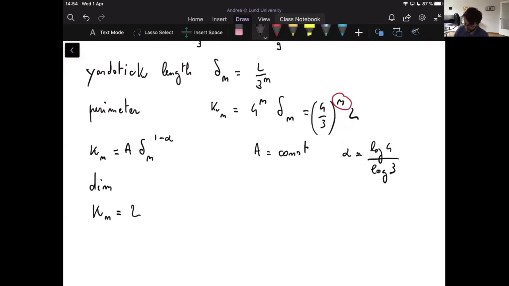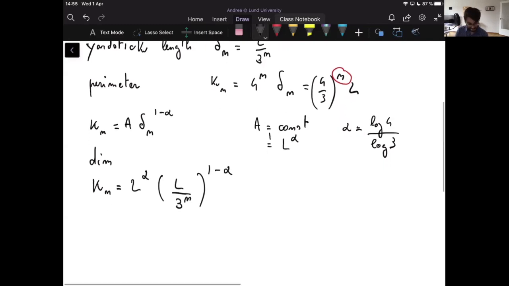So this is, I forgot to say that A is equal to L to the alpha. And the length of the yardstick is L divided by 3 to the power of n. And this is also to the power 1 minus alpha. Okay? So this is equal to, you can simplify, sorry.